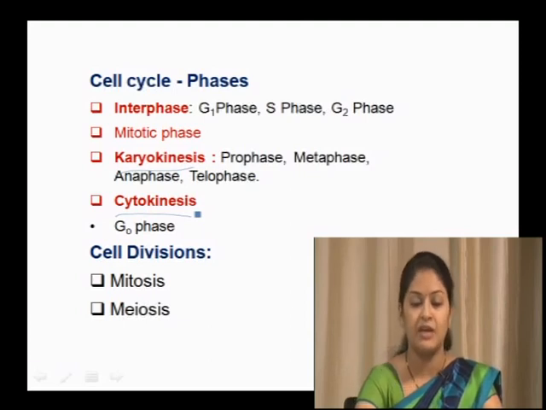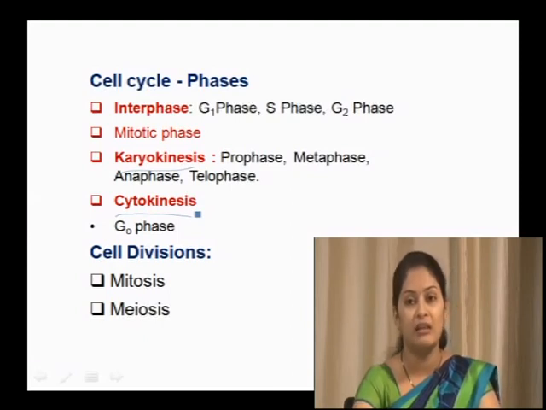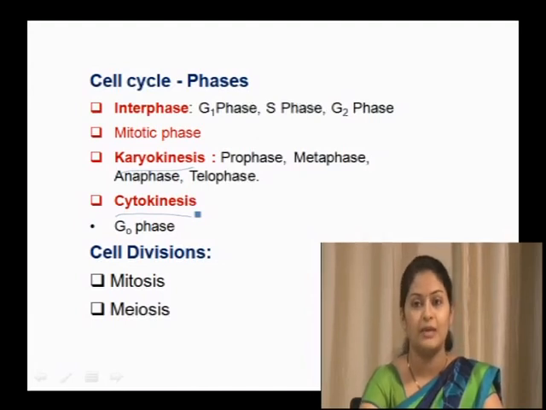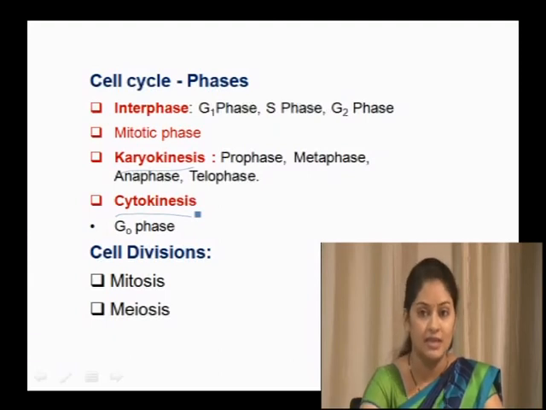At the end, we have a special stage referred to as the G0 phase. It is a special phase where the cell will enter into a non-dividing stage. So a non-dividing cell will always be in G0 phase, but it does not indicate that it is inactive. These cells are metabolically active.